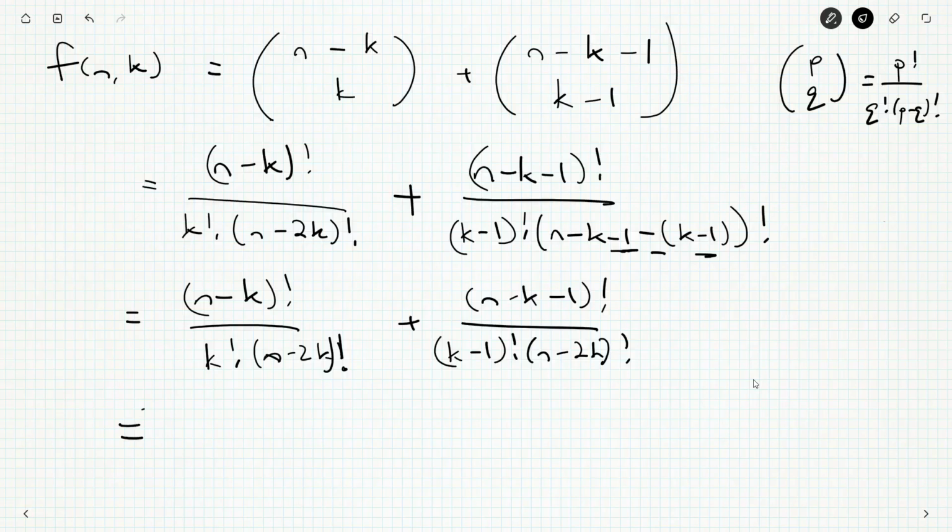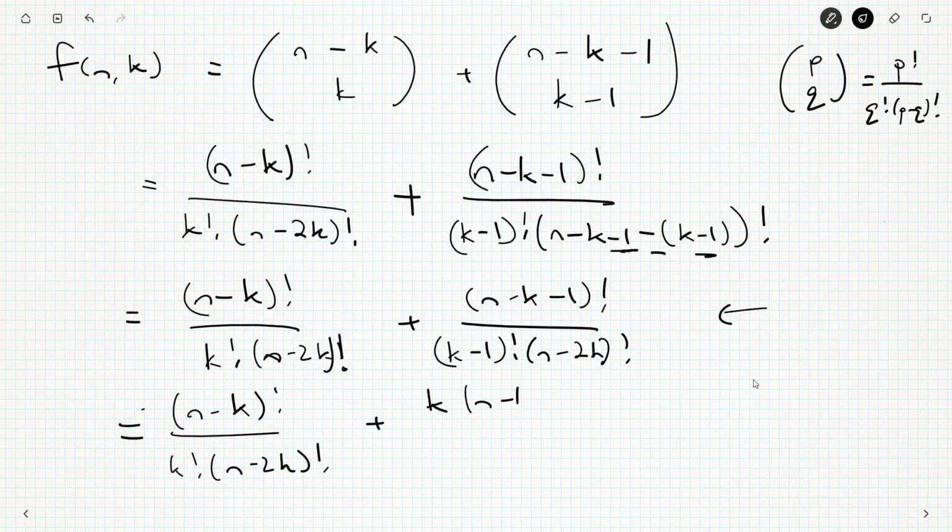Now I could take out a factor of k here and get k minus 1 factorial, but I think the safer thing to do would be to multiply top and bottom of the second one by k. So k and then n minus k minus 1 factorial.